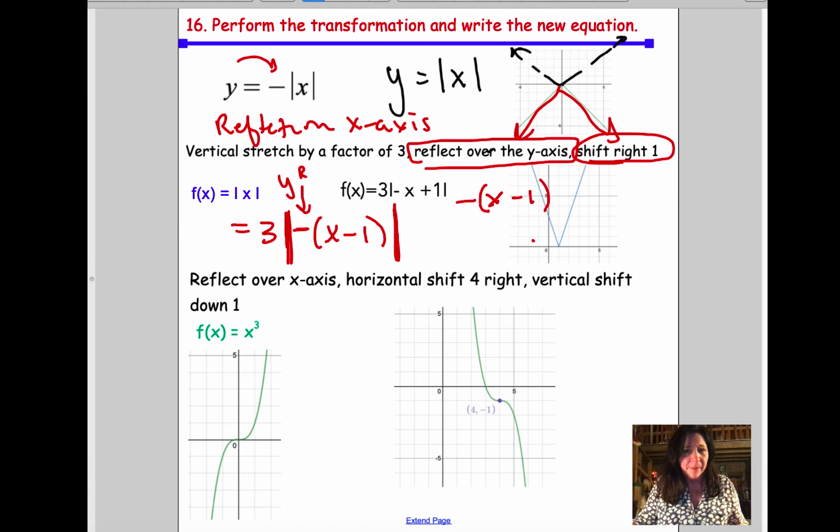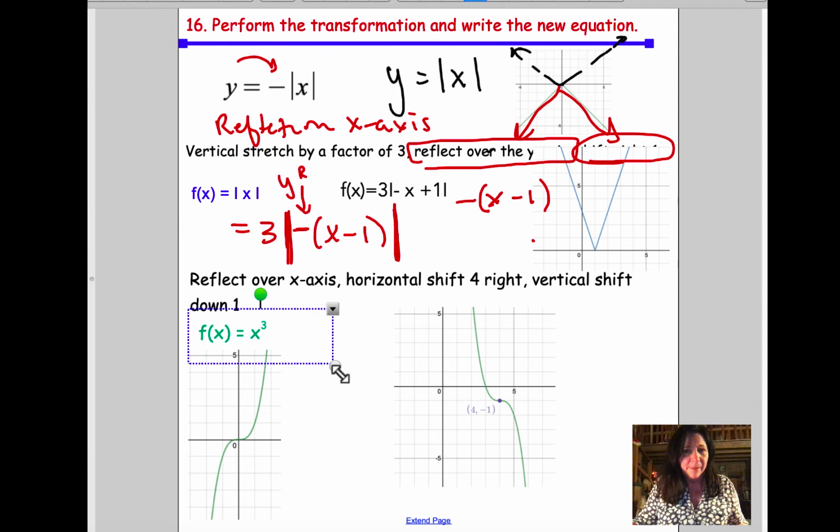And so my graph would actually look like this down here, if you can see that right there. Okay. For this one right here, if I were to take x cubed, so this is f of x equals x cubed. So yes, there are some transformations on the final. Review those transformations, go back through and say, okay, what happened with those transformations and how did I do those?